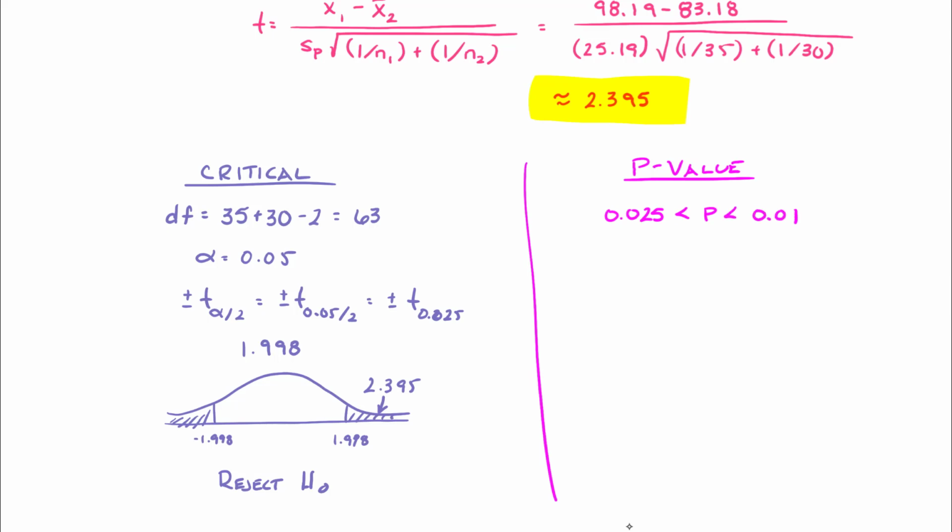And we want to compare that to an alpha value of 0.05. Well, because our p falls between these two values, it has to be certainly less than 0.05. And so therefore, because it's smaller than our significance level, we can once again reject the null hypothesis.